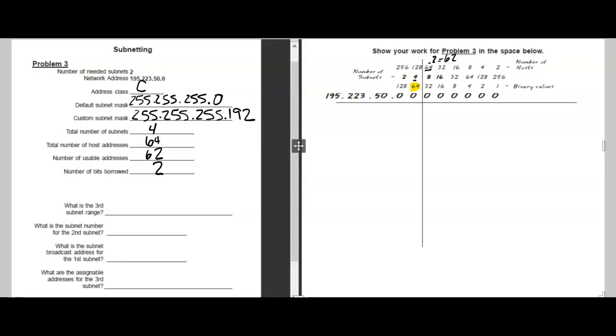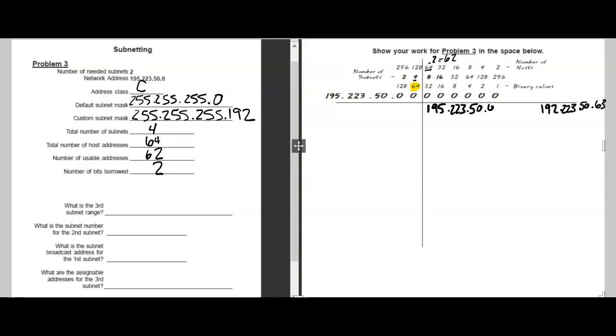So I'm going to start out with my network address, which is 192.223.50.0, and it's going to take us to, if we're counting by 64s, 192.223.50.63.